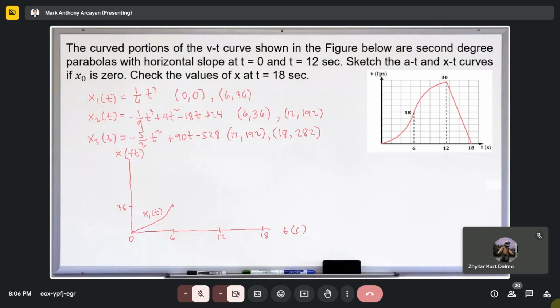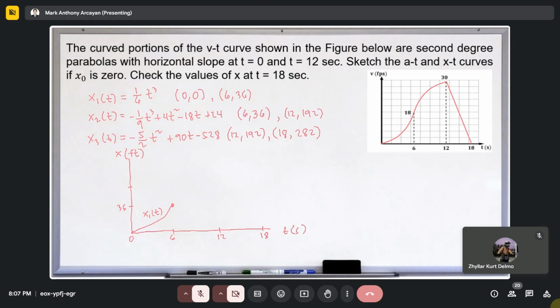Next, for the second cubic function, x₂, it has a negative leading term. Therefore, the curve will open downward. We're going to plot the second point, because we already did the first point, that is 6, 36. Then for 12, that's 192.